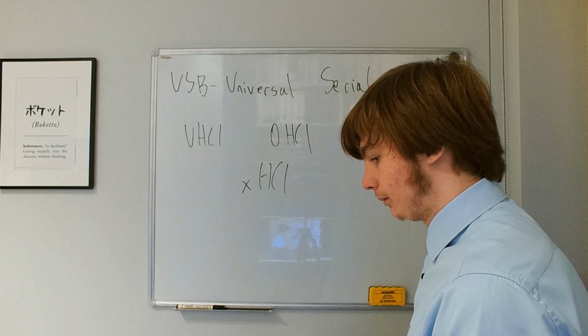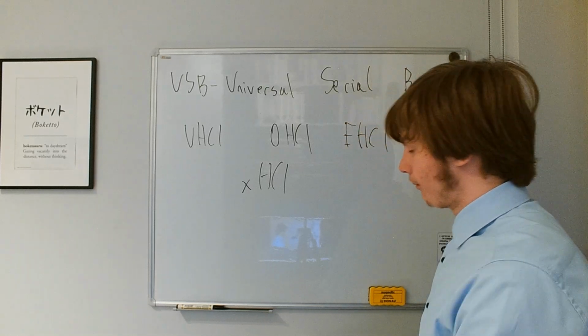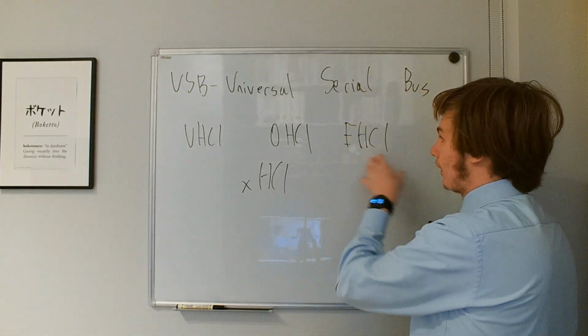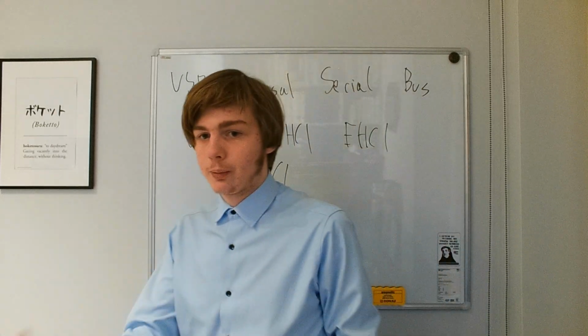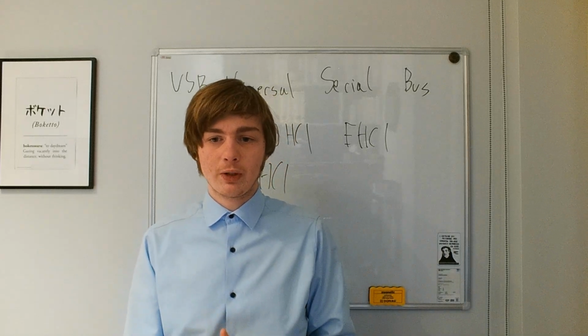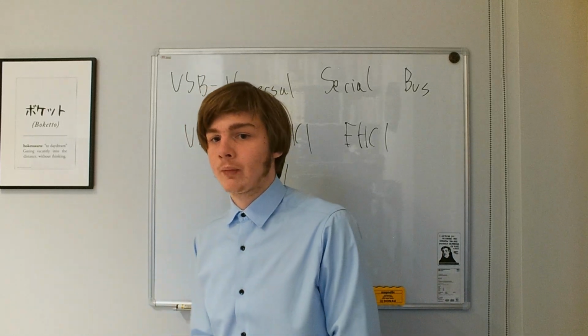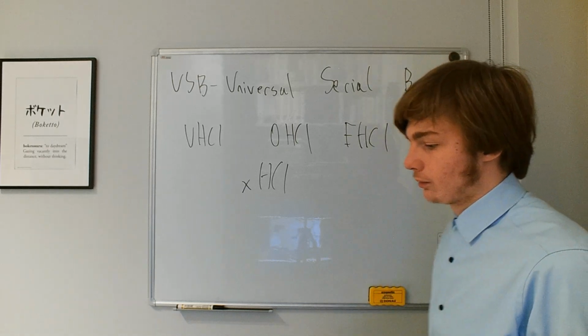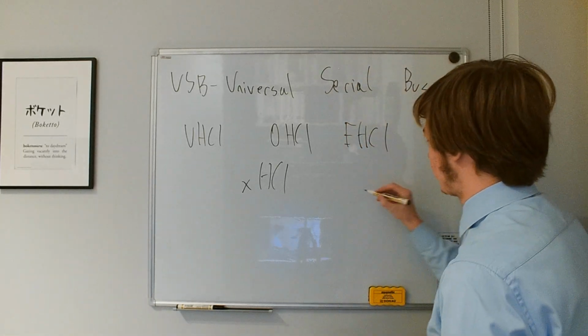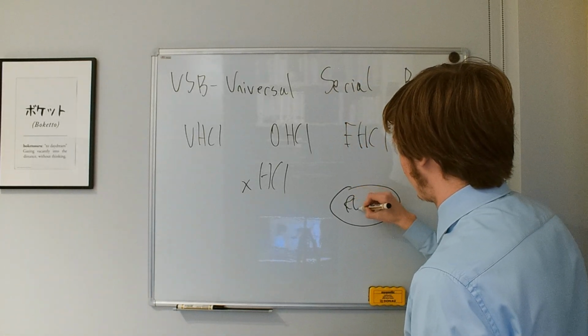What you have to do is identify one of those controllers, start communicating with it, and then you can use it to enumerate USB devices that are connected to it. Because USB assumes a tree model, where you always have something called the root hub.